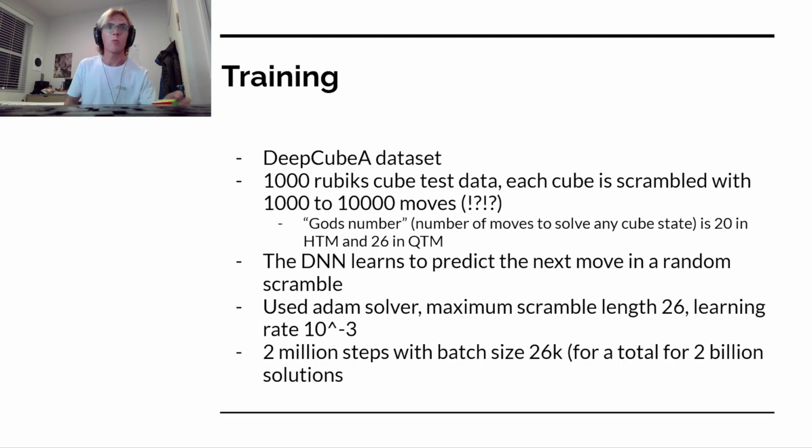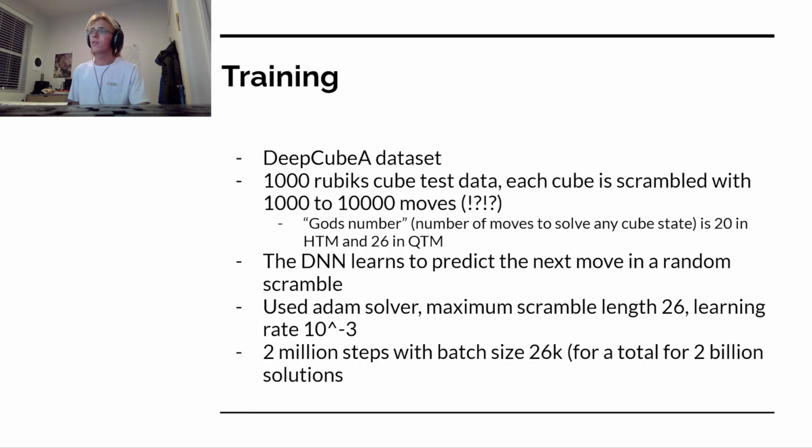That's a pretty normal way to count the amount of turns on a Rubik's Cube. Turns out this state right here, called the superflip, is the hardest state to solve. It takes 26 moves to solve it, therefore God's number is 26 in quarter turn metric.